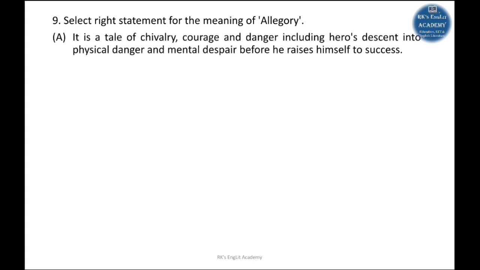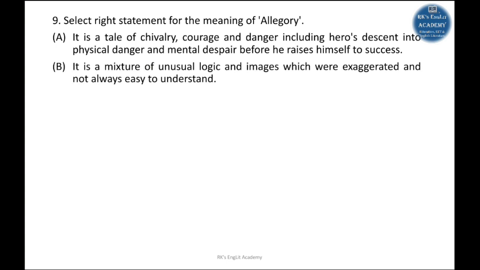The next question, select the right statement for the meaning of allegory. The first one, it is a tale of chivalry, courage, and danger, including a hero's descent into physical danger and mental despair before he raises himself to success. Second, it is a mixture of unusual logic and images, which were exaggerated and not always easy to understand.